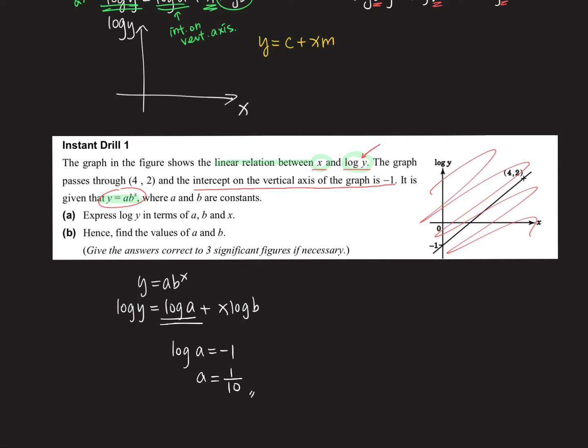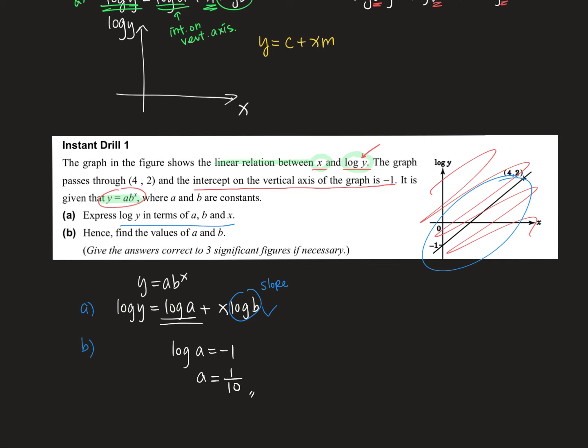Now the other thing that we need to find is, we express log y in terms of a, b, and x already, basically taking log on both sides, and hence find the value of a and b. Now, how do you find b? We said that log b is actually the slope of this line here. Then how do we find the slope? We have points, right?